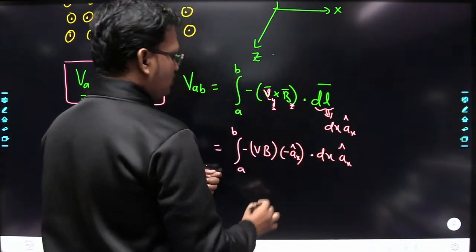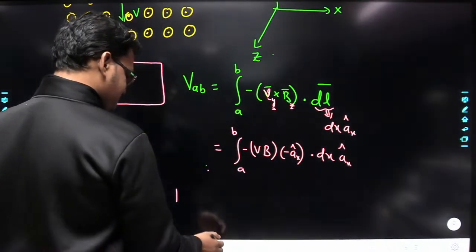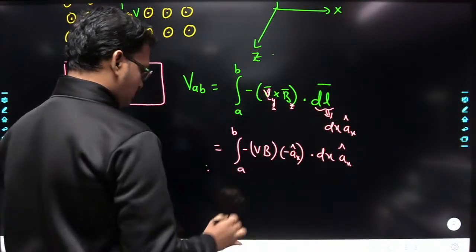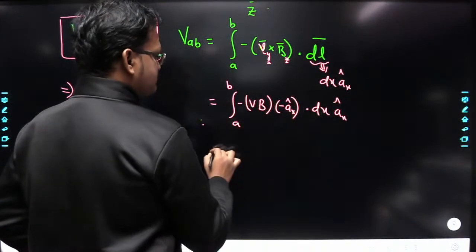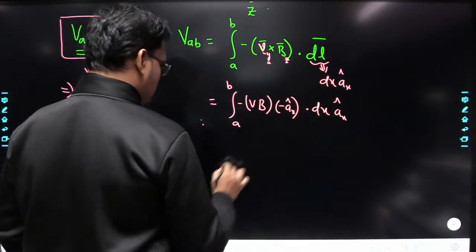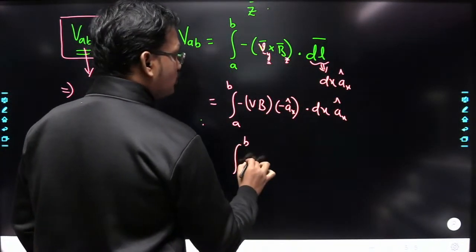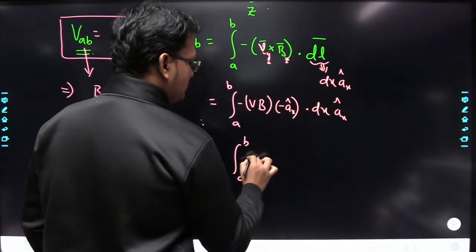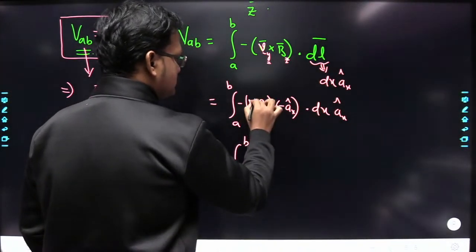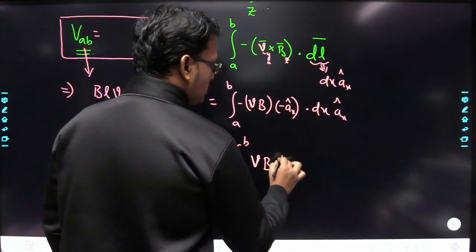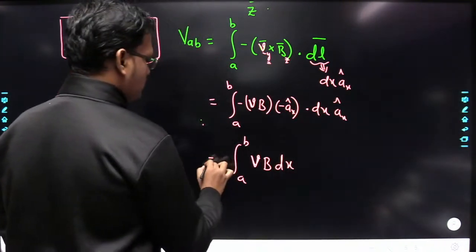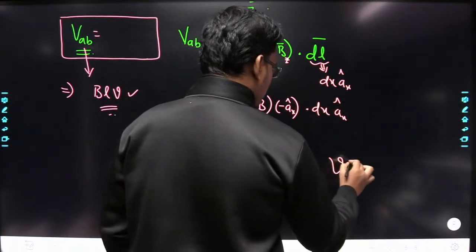Now the minus and minus will get cancelled. You are going to get integral a to b of v b dx, where v is the velocity.